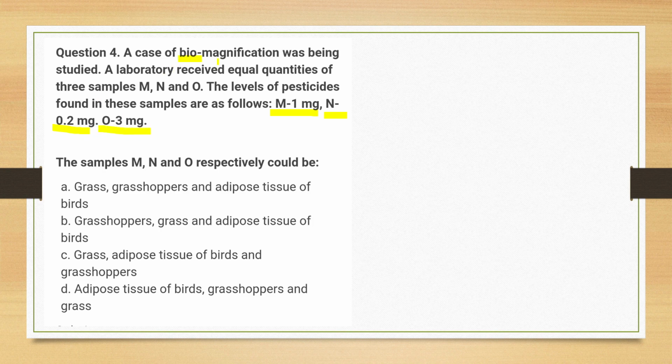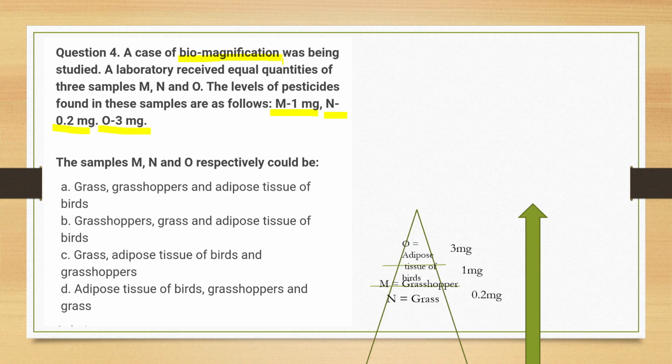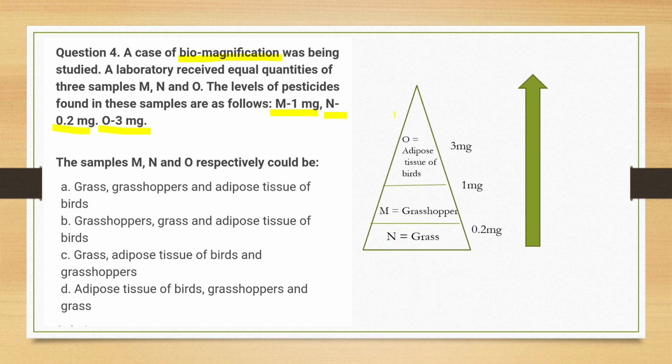In biomagnification, pesticides get accumulated, increasing gradually from the basal level of the pyramid to the upper level. Okay, see here, if this is the pyramid of biomagnification, in the basal level the concentration of pesticide is lowest, and at the top level it is highest.